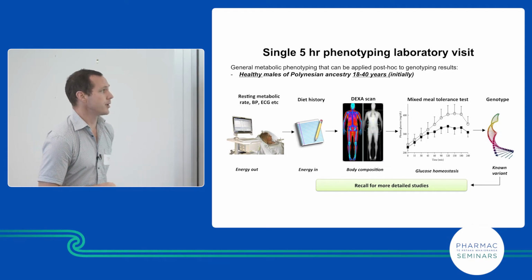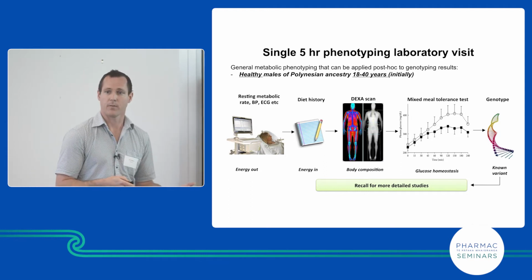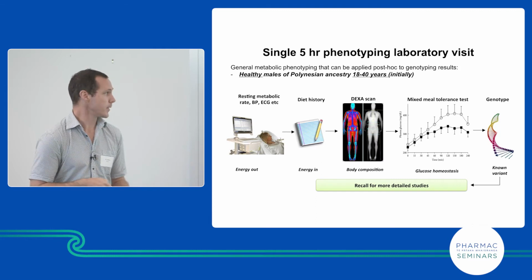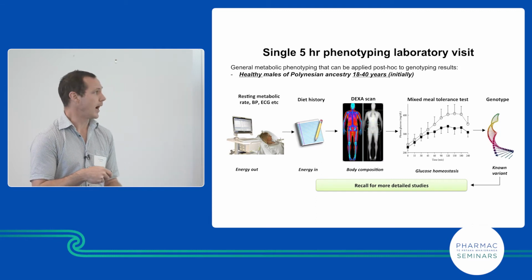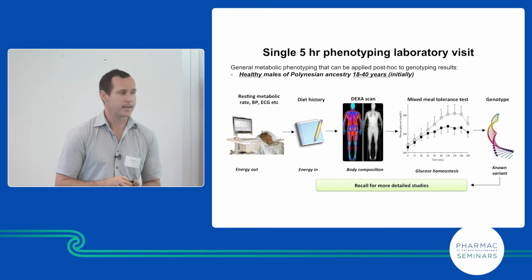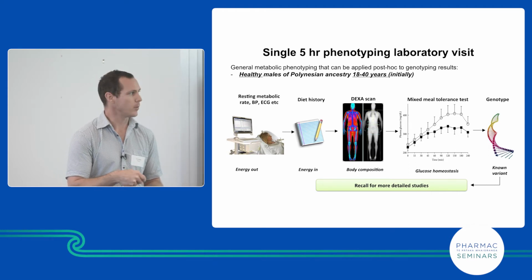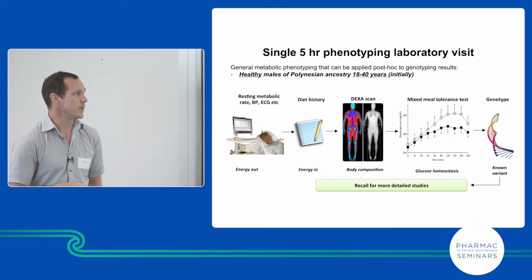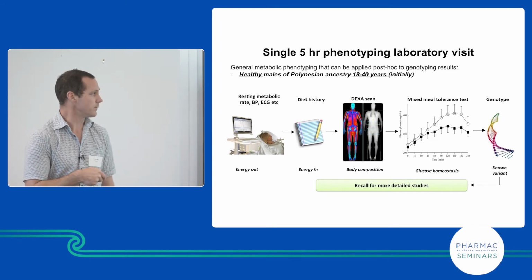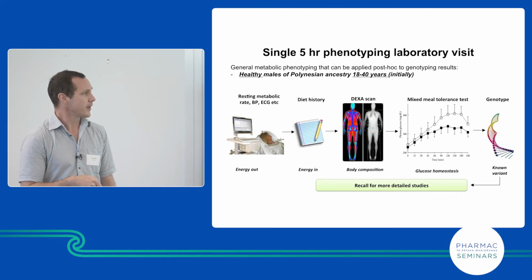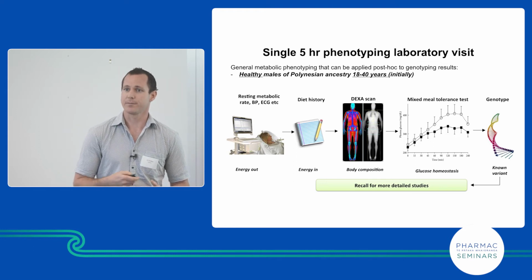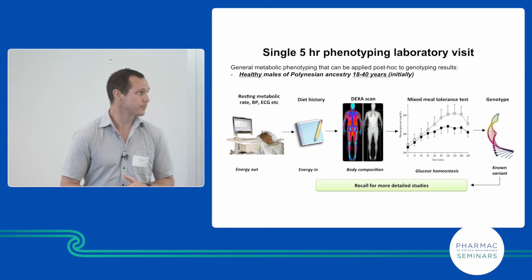So we're bringing people in for about 5 hours one day-ish, phenotyping, where we can look at things that play a role in development of metabolic disease, such as energy expenditure, a few heart-related measurements, dietary intake, and body composition through a DEXA scan, so we can actually look at fat mass, not just BMI. Then we give people a meal, which they're very grateful for because before that they're quite hungry. And we can measure the change in their blood glucose and a whole lot of other hormones in the system after a meal and see how they respond to a standardised meal.